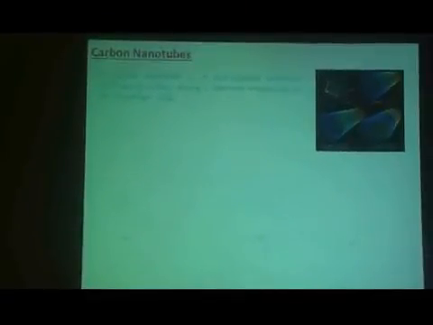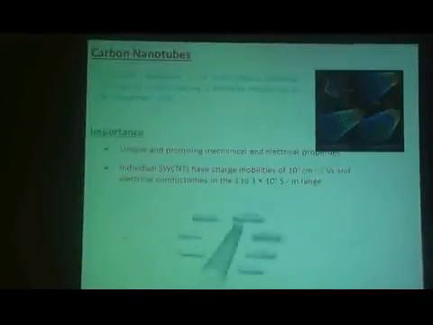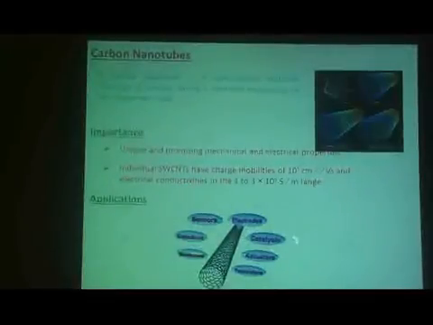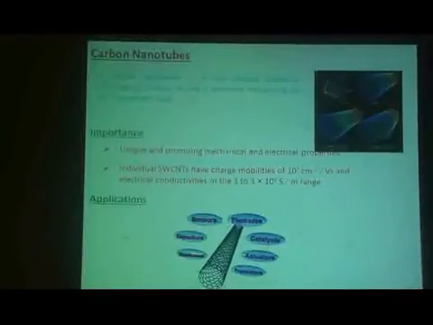It has very good electrical and mechanical properties, and it finds application in different sectors like sensors, electrodes. You can use it as an electrode for solar cells, and it is used as catalyst, or even you can replace your nerve with carbon nanotube. So there are different types of applications.